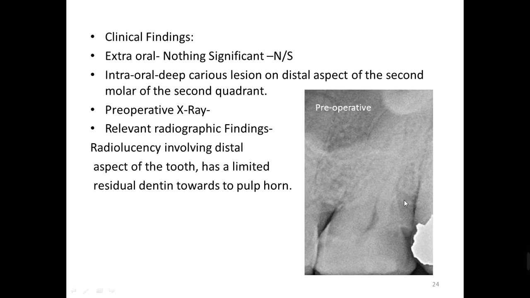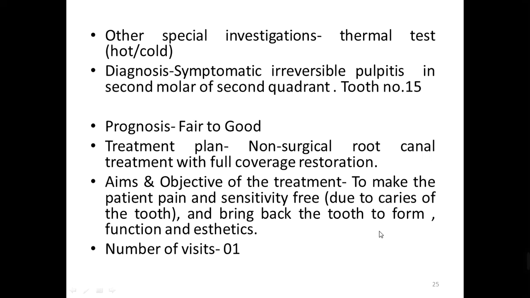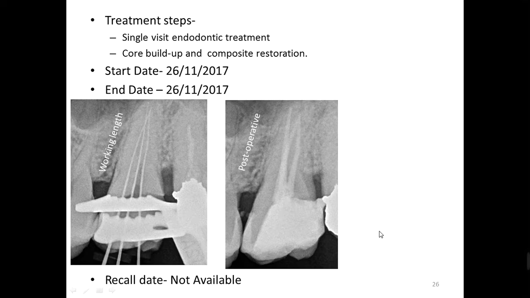Another case has a second molar of the maxilla, with a class 2 or proximal cavity encroaching the pulp. This case shows how the roots can be fused, and it can confuse the endo practitioner or the general dentist into thinking there are only limited canals.